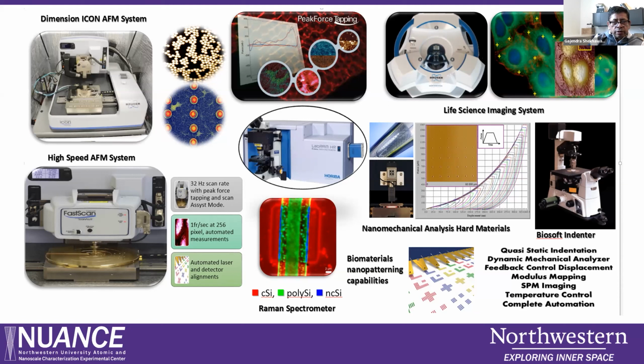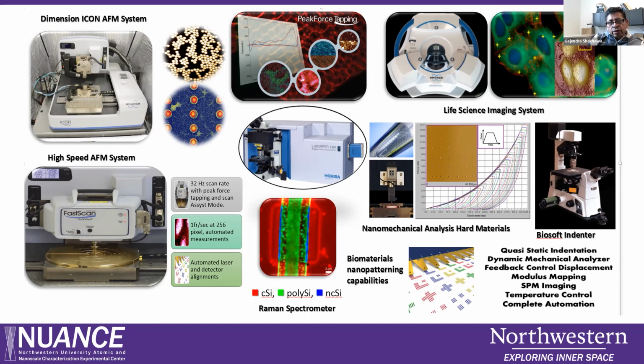It is a fully automated stage, and it can do a lot of functional AFM, also electrical and mechanical measurements, along with normal surface structures. The bottom left is a high-speed version of that, a fully automated system where you can do almost 1 frame per second, so you can measure multiple samples in a pretty short span of time.